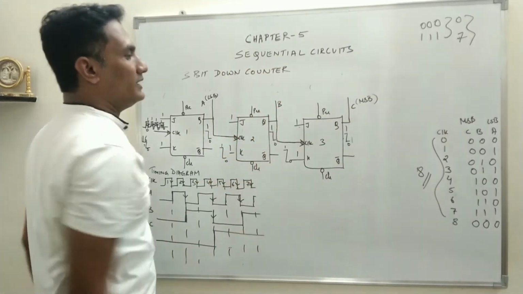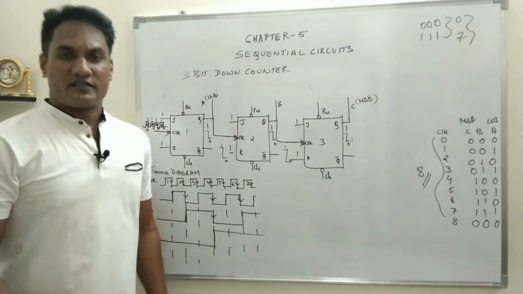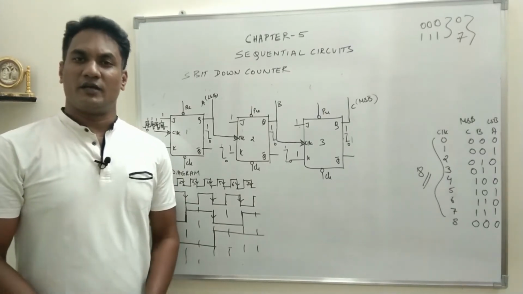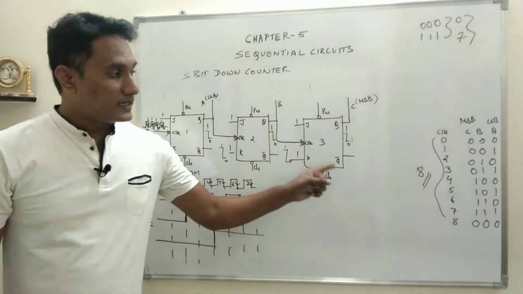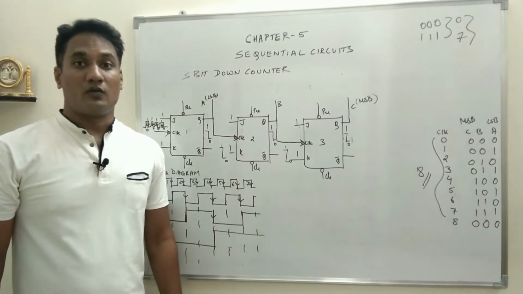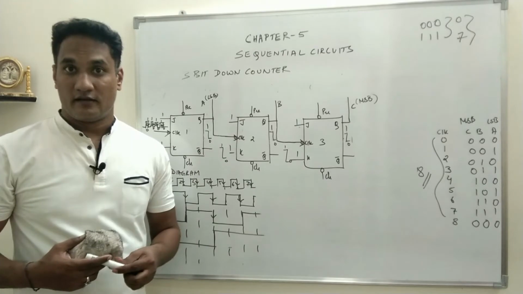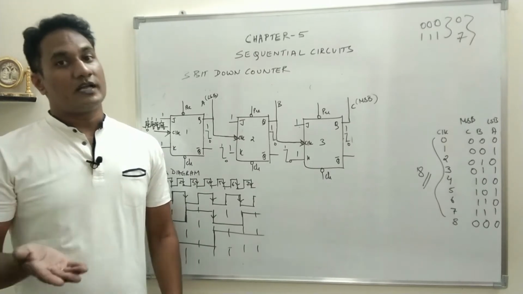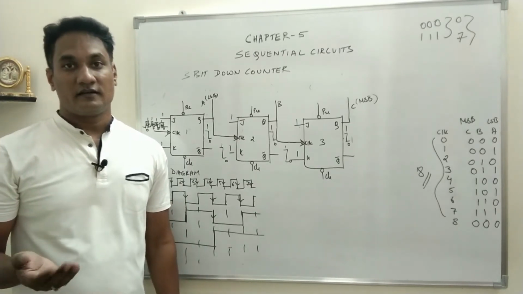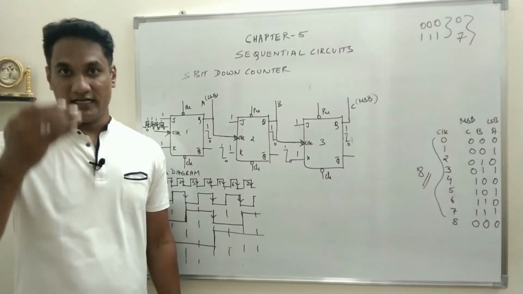Just now I explained what exactly you mean by up counter. An up counter is a counter which counts in ascending order. So what will be a down counter? A down counter will be a counter which counts in descending order.